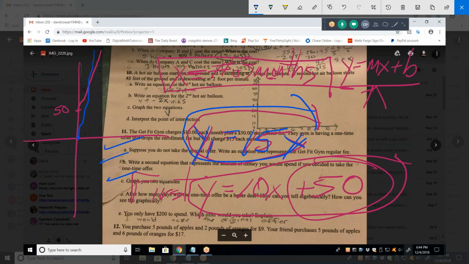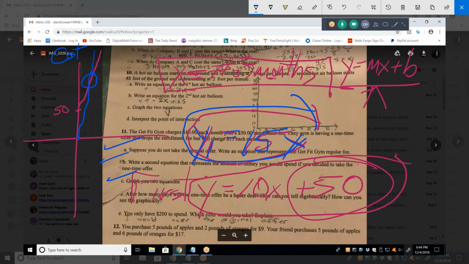After how many days would the one-time offer be a better deal? In other words, this is your cost right there, right? If you're only going to use the thing for 1 month, their one-time offer is the better deal. But where do these intersect?